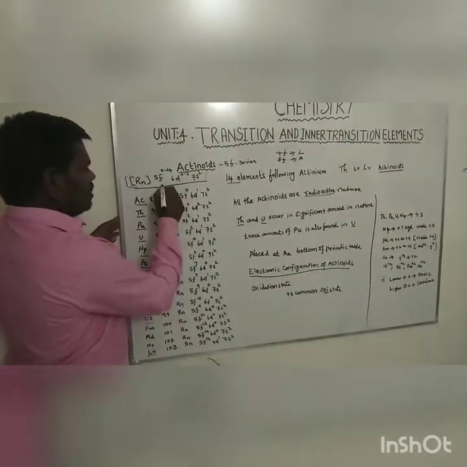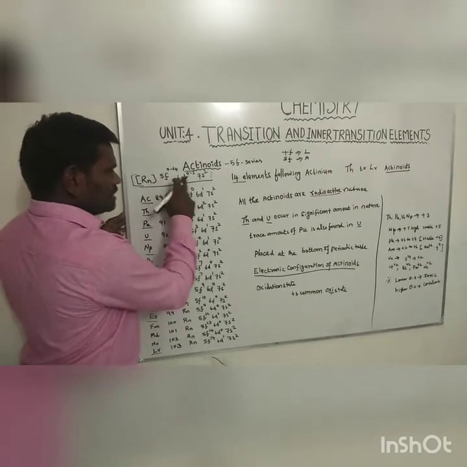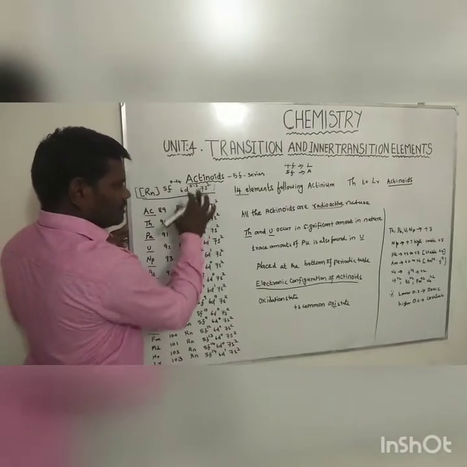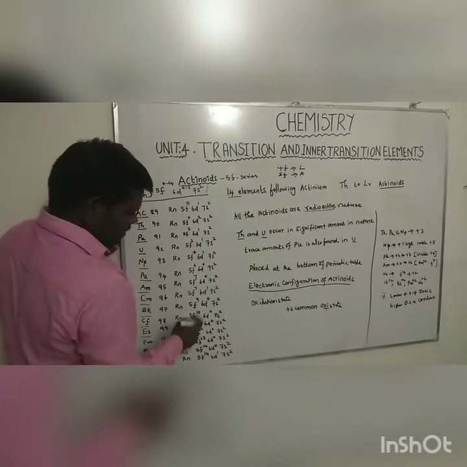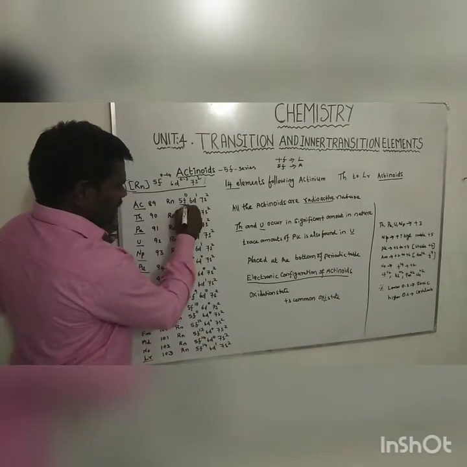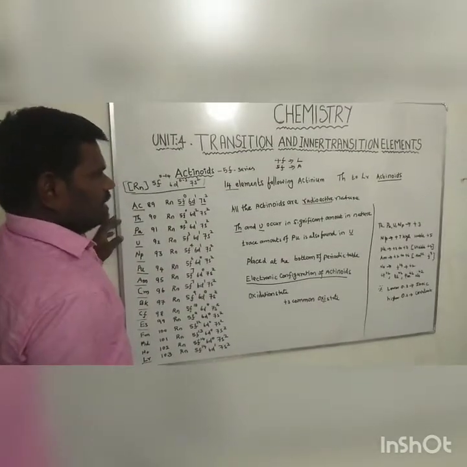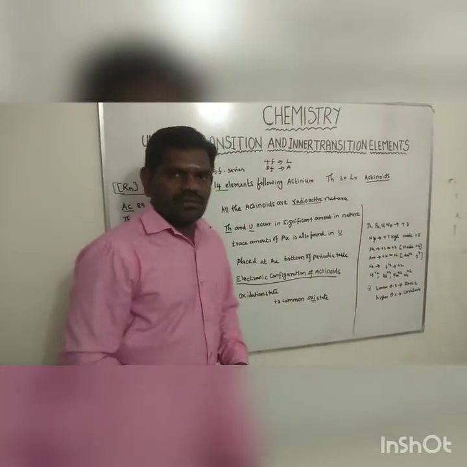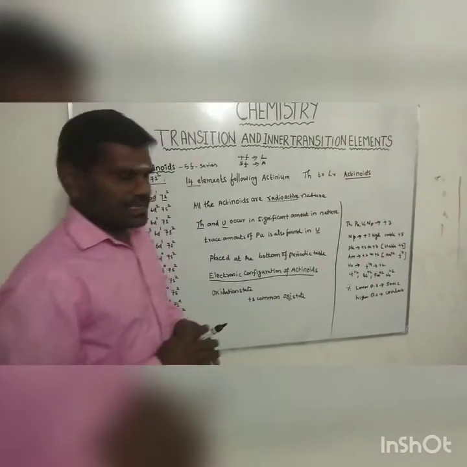The general electronic configuration is 5f 0 to 14, 6d 0 to 2, 7s2. All these elements are the radon series with 5f configuration. Next topic is oxidation state of actinides.